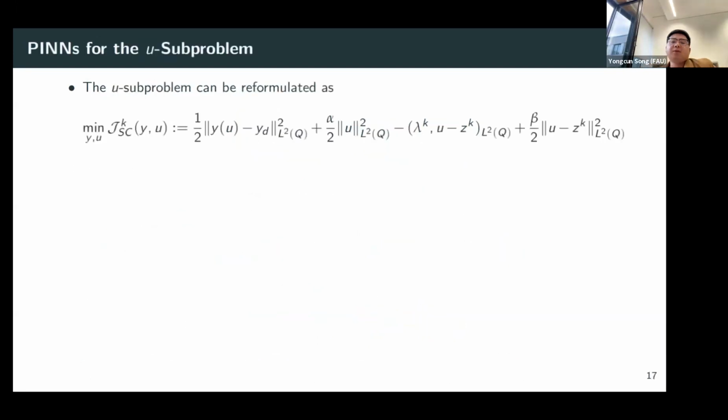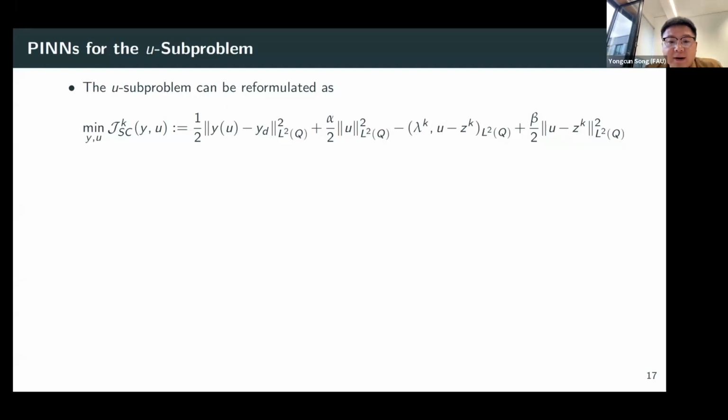And then the u subproblem is clearly a standard smooth parabolic optimal control problem, because y_u is the solution of the parabolic state equation, but with a slightly modified objective functional. We can apply PINNs to solve it directly.